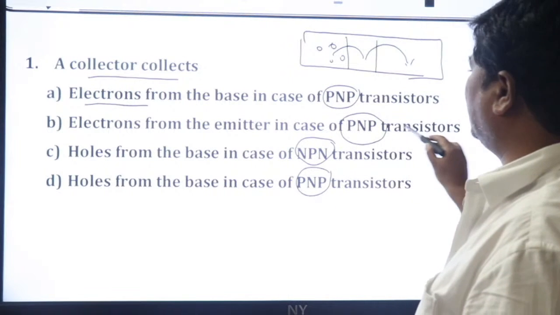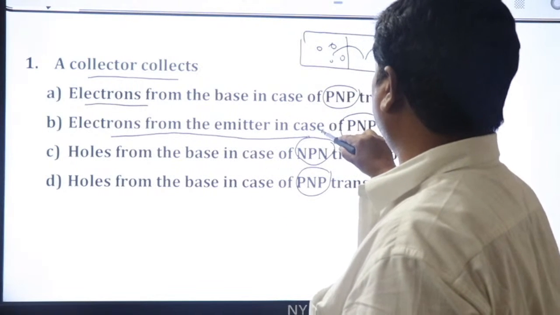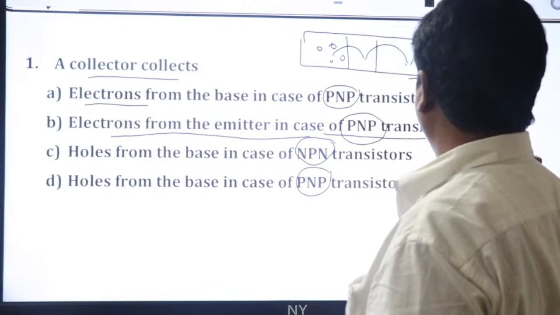This is not the valid answer. Why? Because electrons from the emitter in case of PNP is wrong.